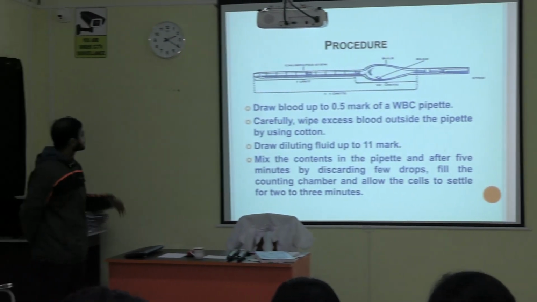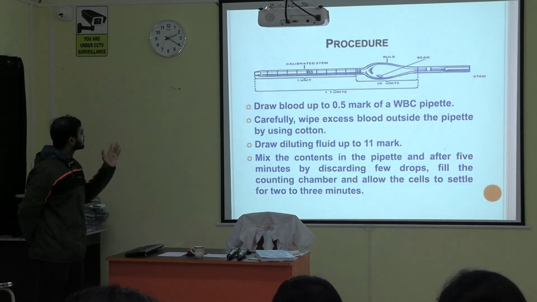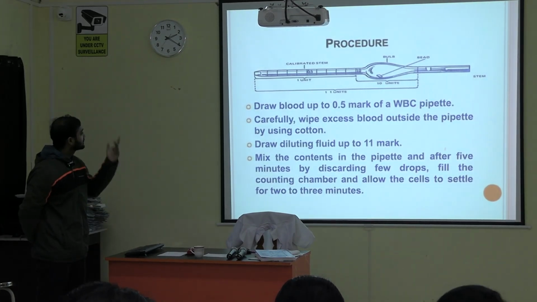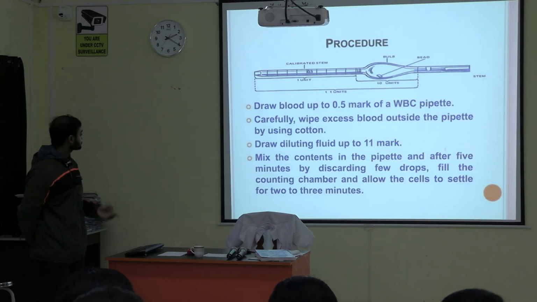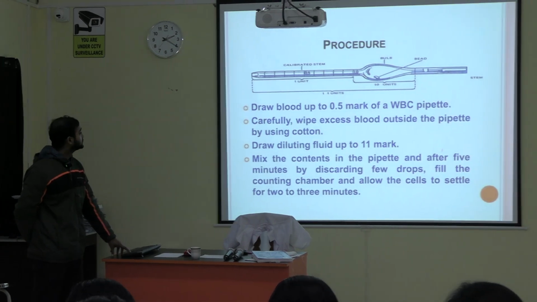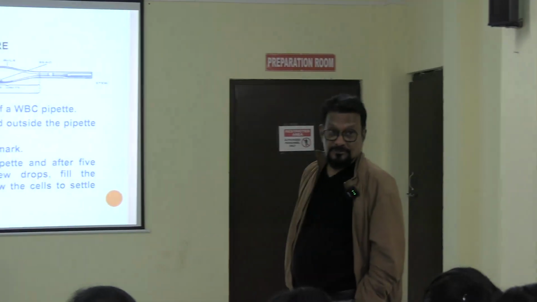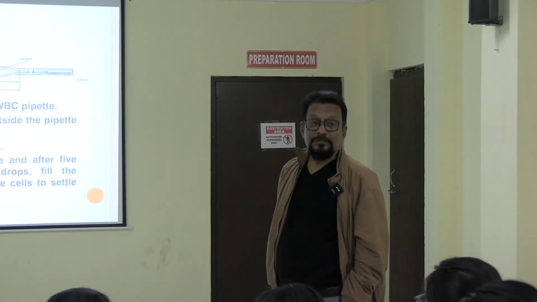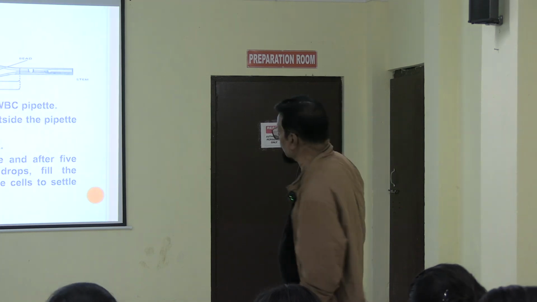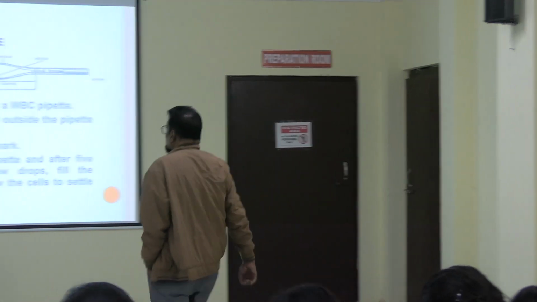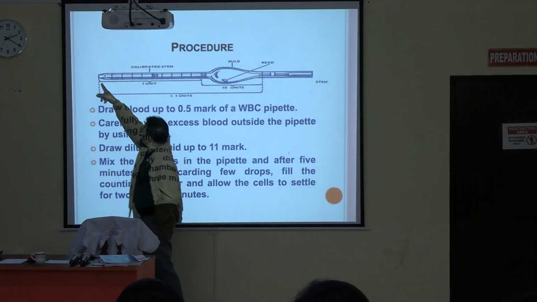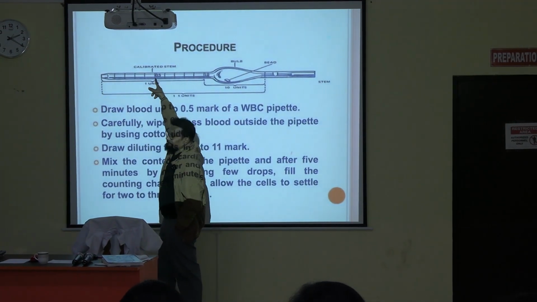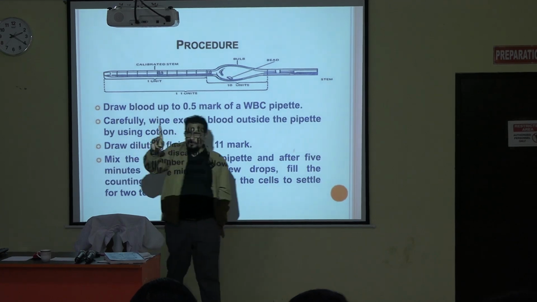So I have already said there are markings and the point of identification. How will you know this is a WBC pipette? So here there are 2 points. You have to take precaution. We will see it during your exam. Whether you have taken blood from here to here is one point.